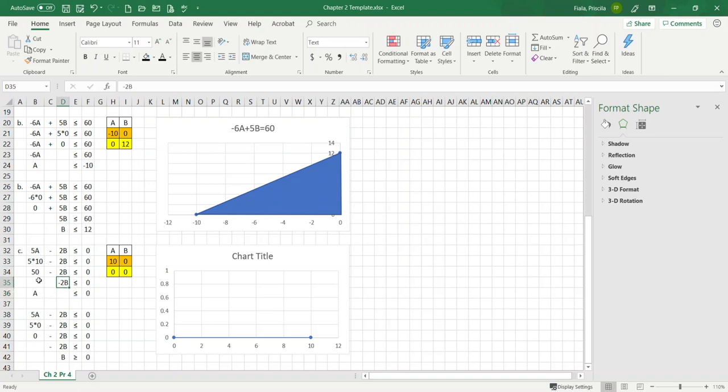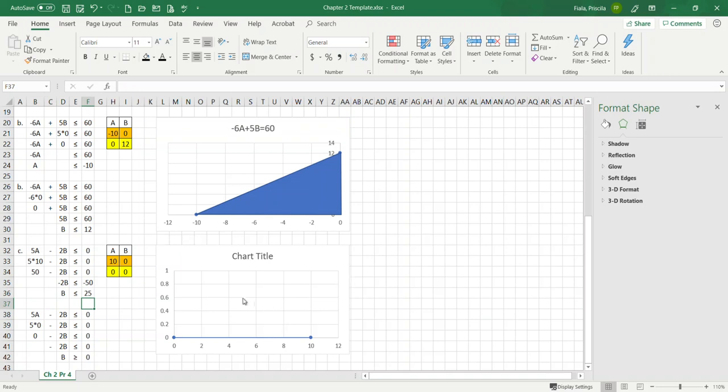Perfect. Minus 2b, and I'm putting 50 on this side now, correct? Minus 50, right? Therefore, if A is 10, dividing both sides, B is going to be 25.